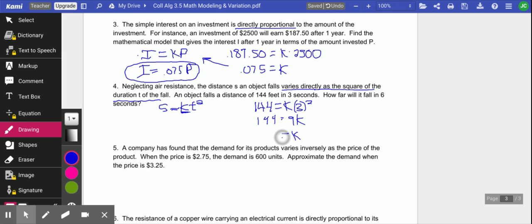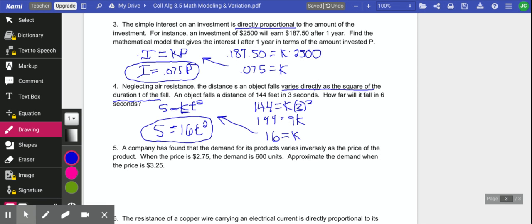Divide by 9, and we find that k is 16. So then we go back over here and plug in that 16. So the distance that it falls is going to be equal to 16t squared. And now we can use that model to find any distance for a falling object.